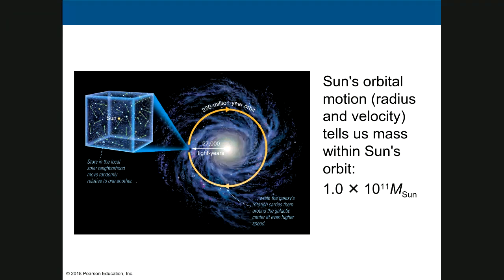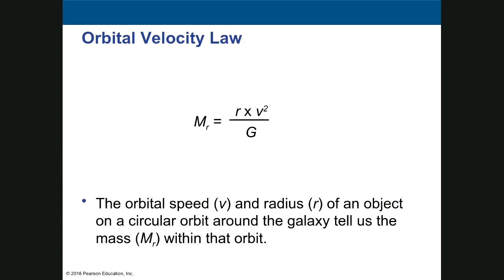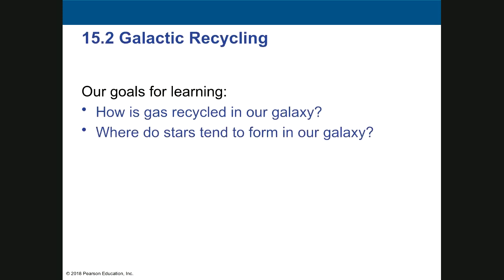Because stars, when we look at them individually, we know they're born, they live, and they die, but we don't know how the universe facilitates that process. It doesn't happen in a vacuum. It happens as part of the galactic structure. So you'll notice they call it galactic recycling, all right? So we want to see how stars beget new stars, all right? And we'll see where star formation happens and things like that.